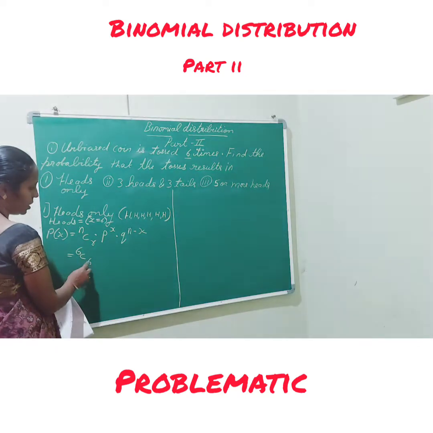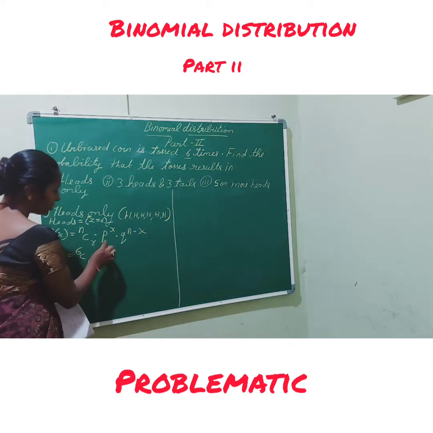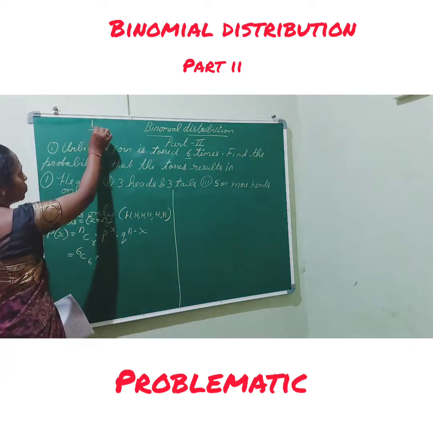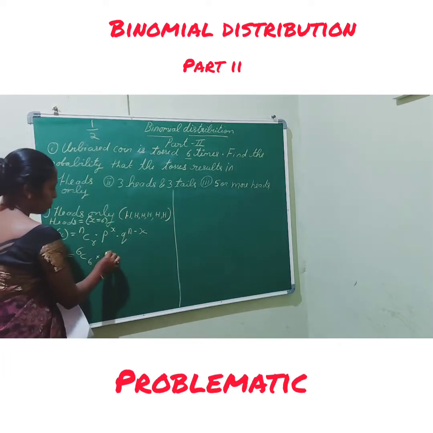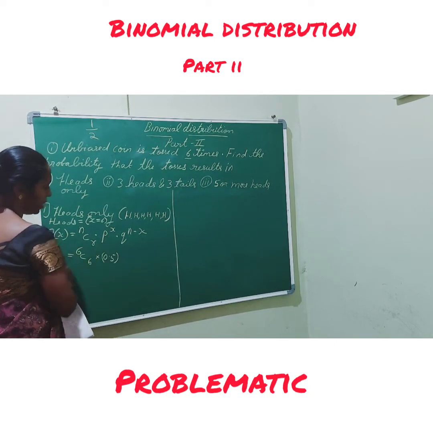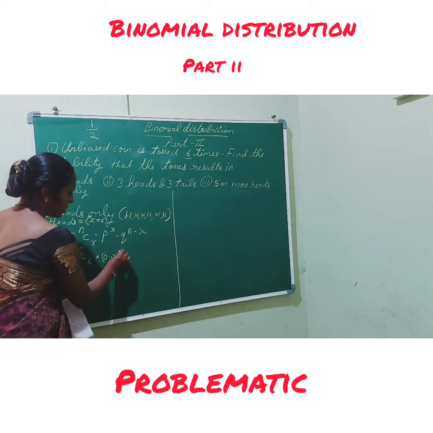So 6 into P, which is probability. For tossing a coin it is always 1 divided by 2, in decimals 0.5, raised to x, which is 6.